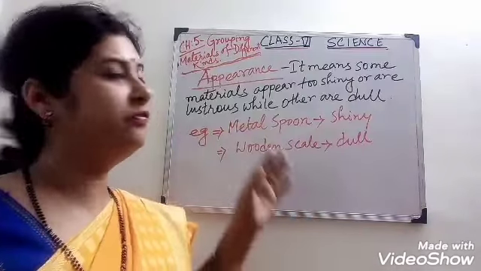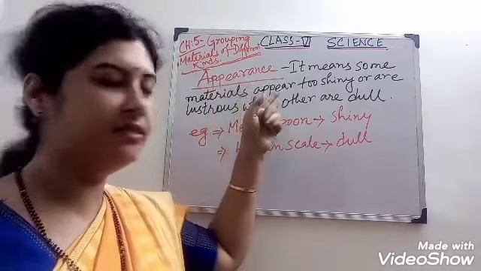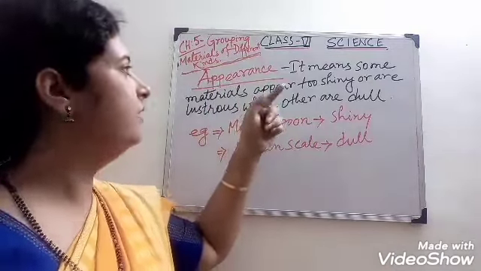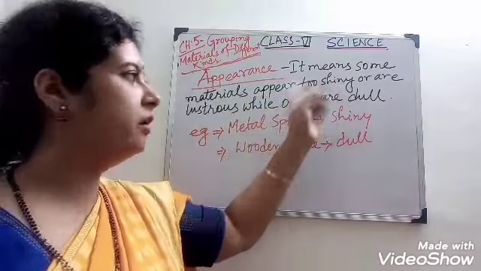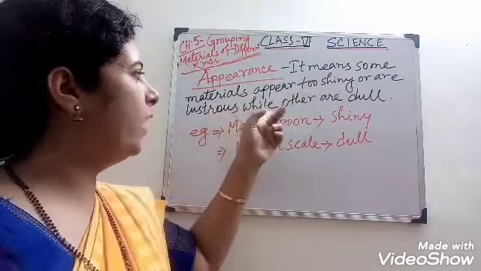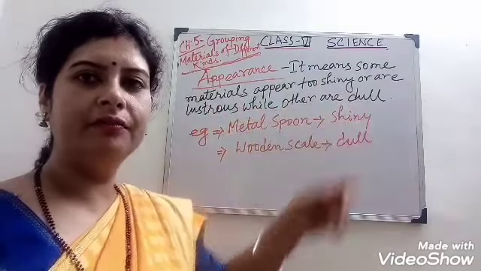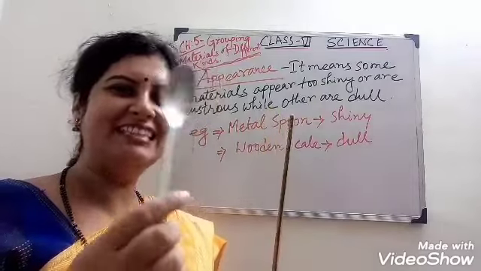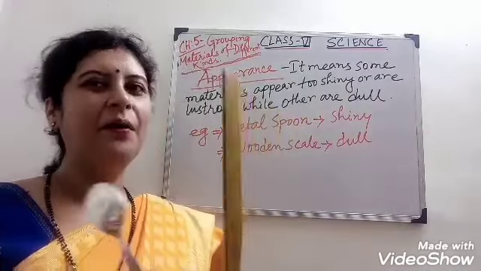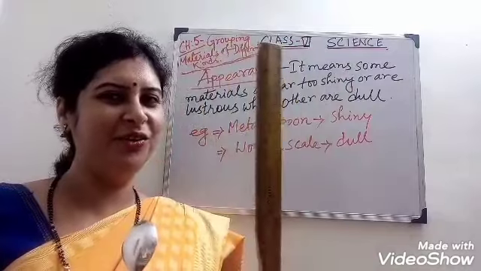Now children, our first property is appearance. Appearance means some materials appear shiny or lustrous while others are dull. Here take an example. This metal spoon appears shiny, but this wooden scale looks dull.